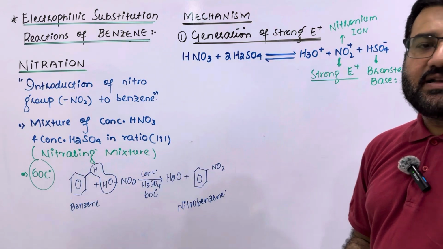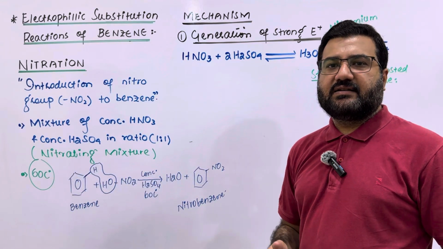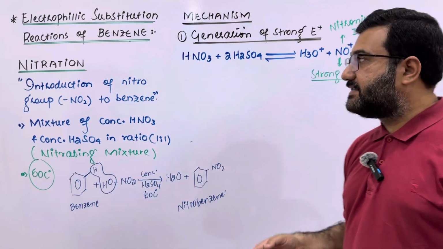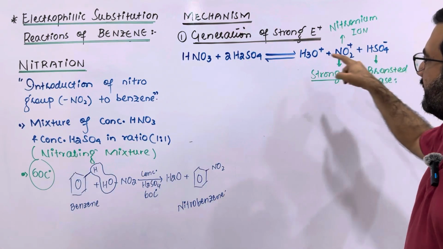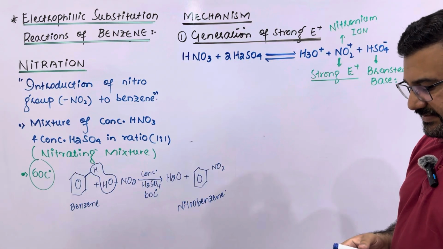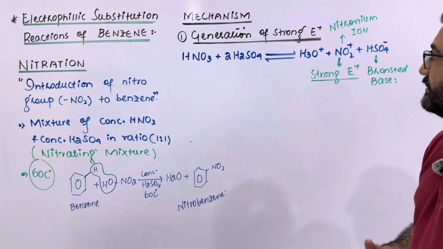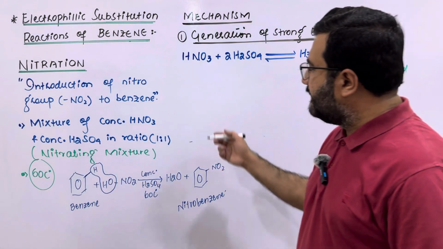As you know that the Bronsted base is the proton acceptor, and this HSO4 negative is actually the conjugate base of the sulfuric acid. So in this first step, the strong electrophile is generated.